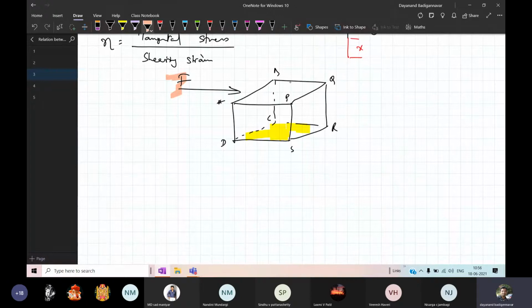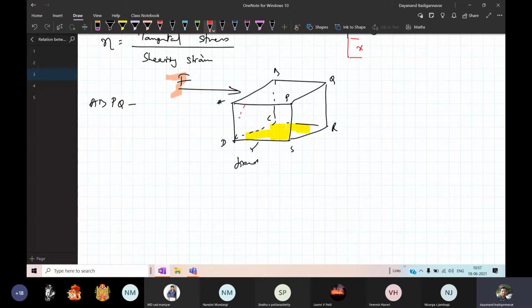The shearing is generated and it shifts the top surface A, B, P, Q. The lower surface is fixed. The surface will shift from the point A to A dash.